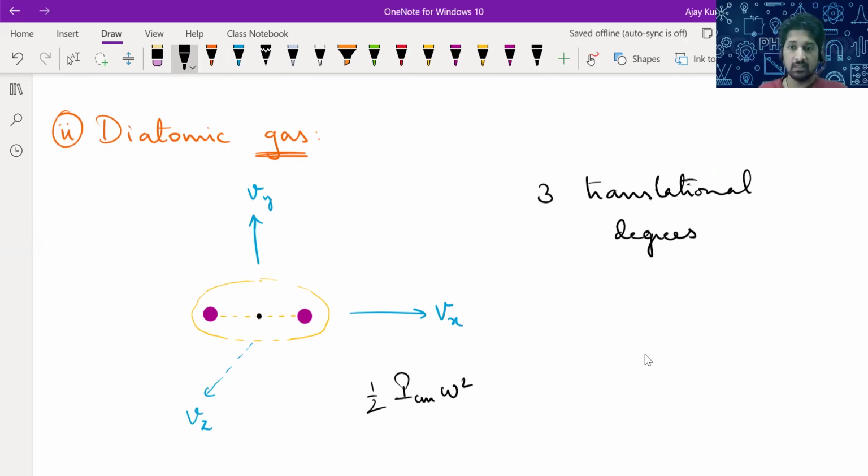This time, the particles don't lie at the center of mass. The two particles have some gap between them, that is bond length. Between them will be the center of mass. Now you can imagine axis passing through the center of mass, y-axis, x-axis, and then z-axis.